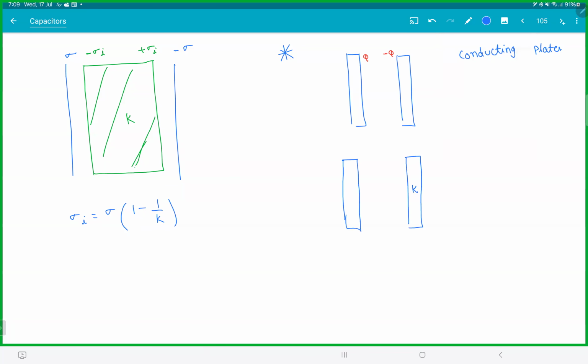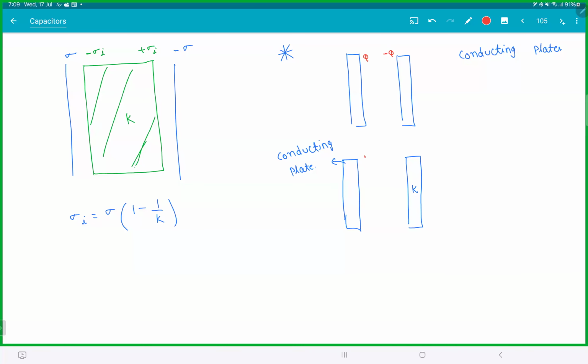But what if this is a dielectric slab and this is a conducting plate? Now the charges would be, you can put a conductor, but there's a chance the conductor will touch the plates and get shorted.